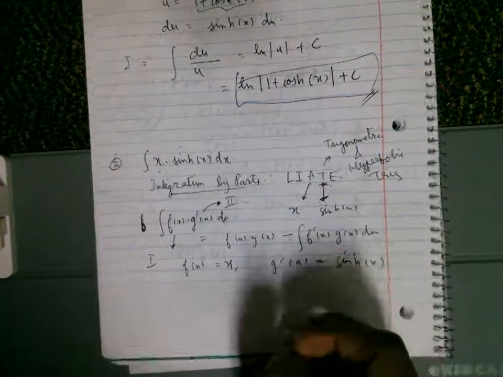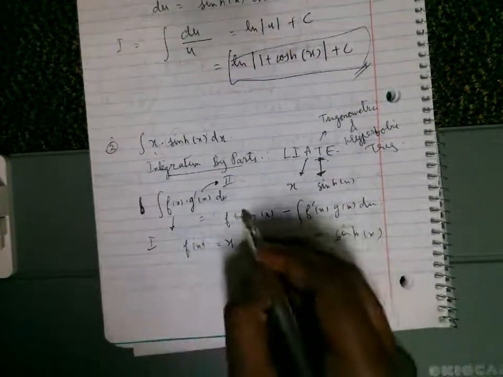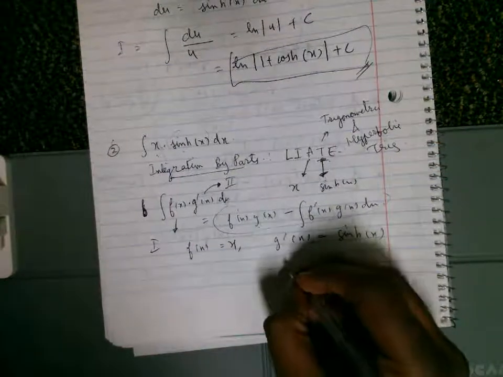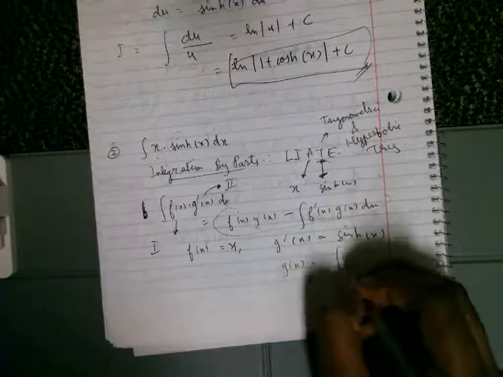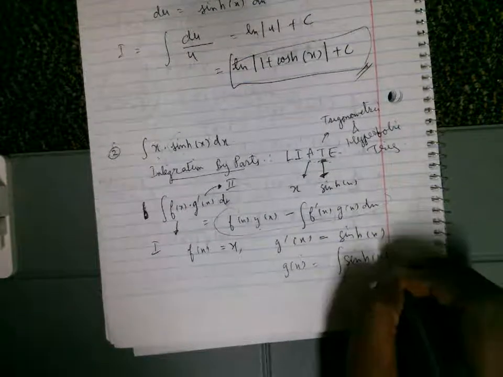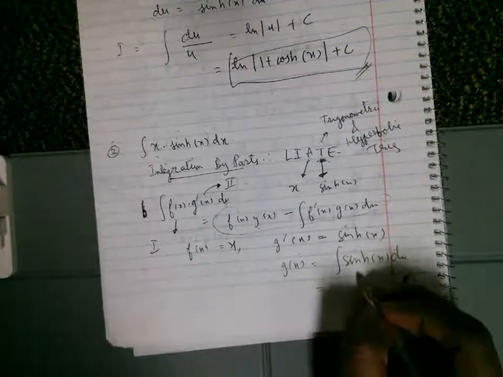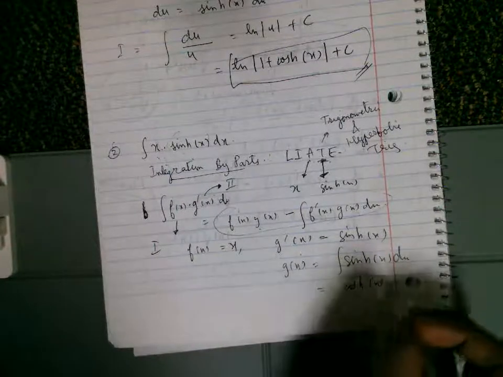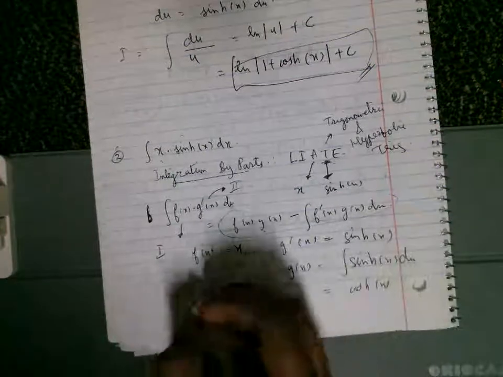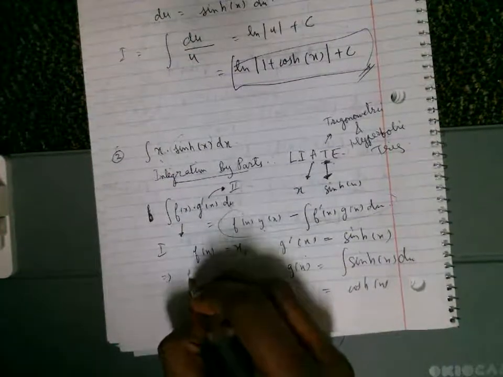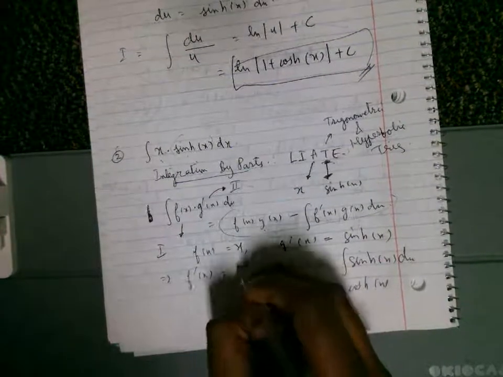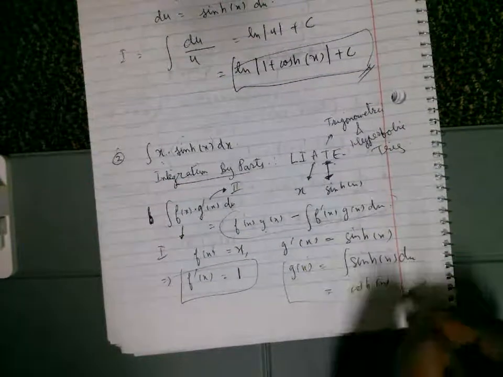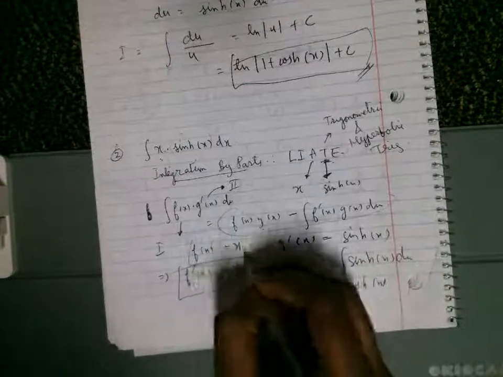Then for the right-hand side, we need g of x instead of g prime of x, so we may have to integrate this function. g of x is just cosh of x, because the integration of sinh is cosh. The derivative of cosh is sinh. And f prime of x is the derivative of x, which is 1. So we have found what f prime and g are, and we know what f is.